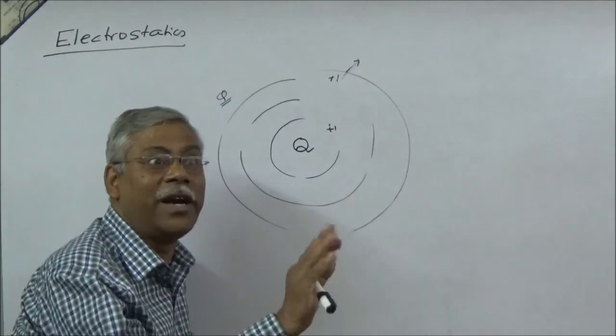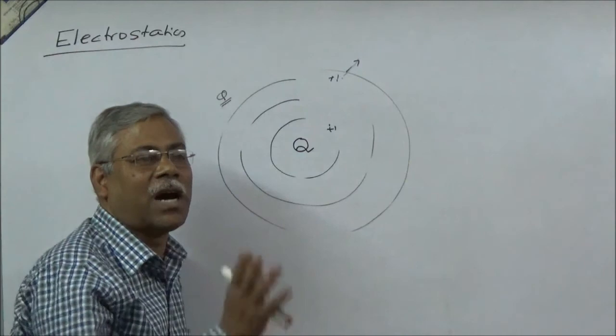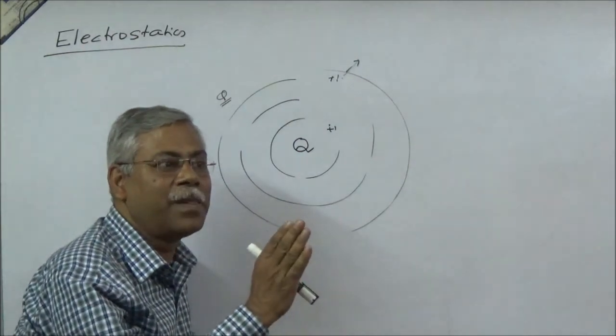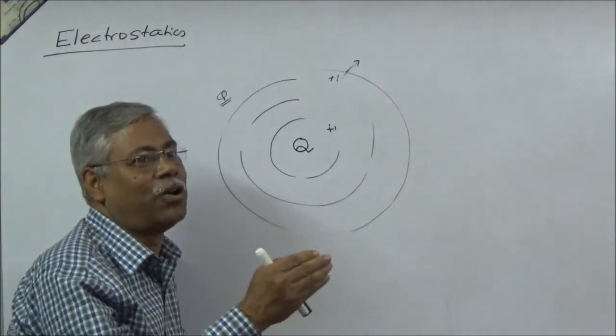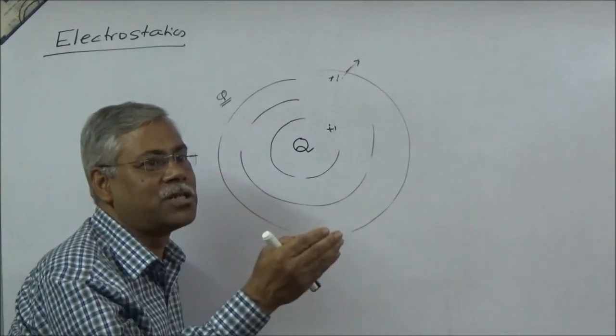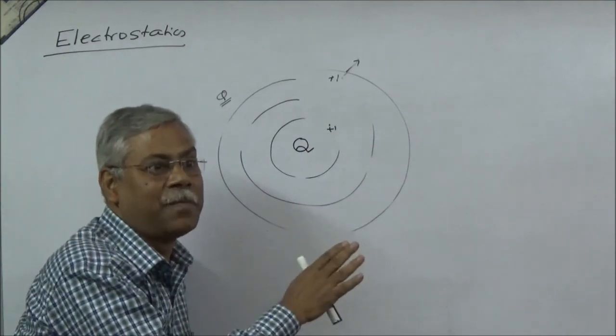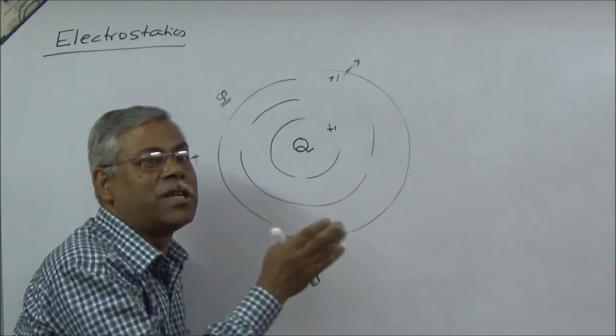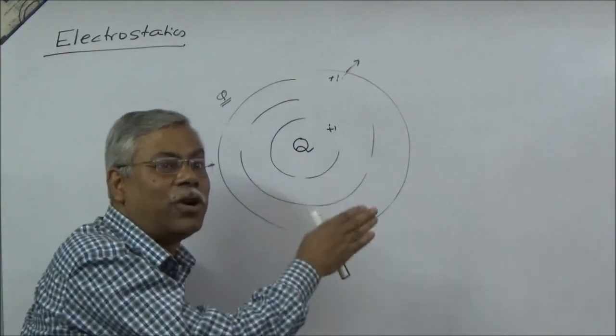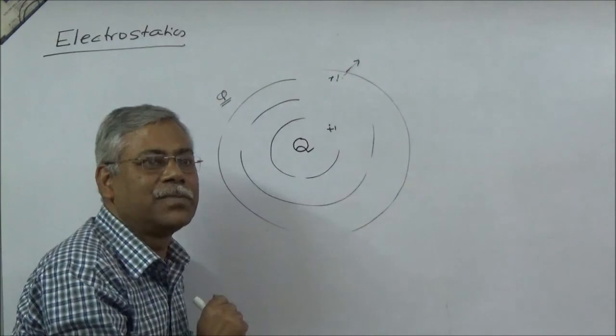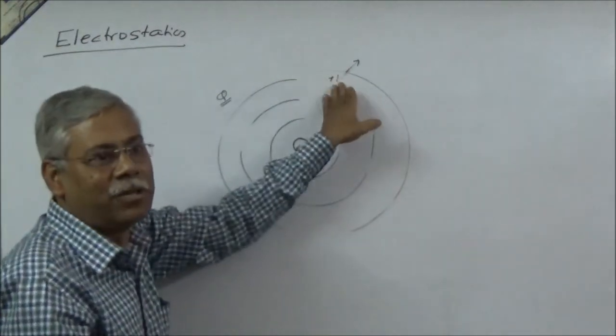So you cannot get any amount of charge. Charge is always in multiples of electrons: either 1 electron or 2 electrons or 3 electrons, or absence of 1 electron, absence of 2 electrons, absence of 3 electrons, absence of 4 electrons, like that. Okay, so you cannot get any amount of charge.